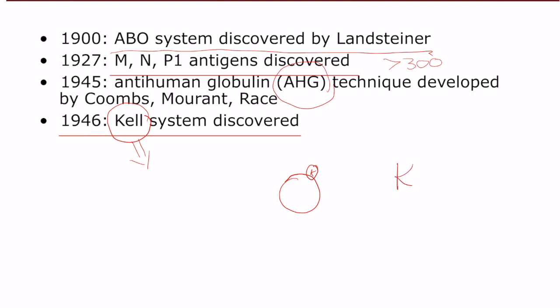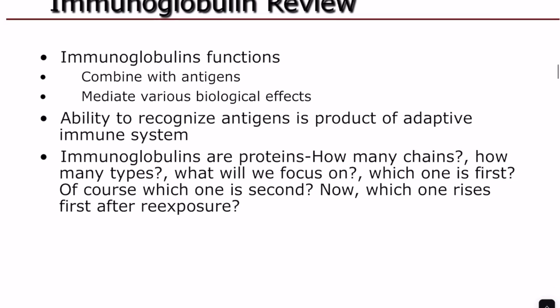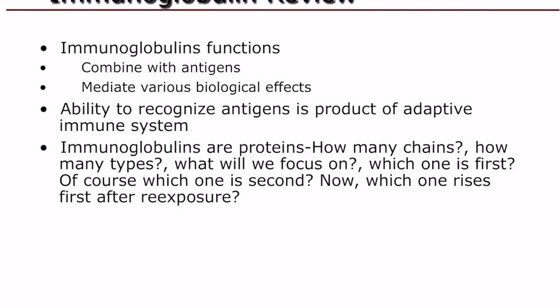The mnemonic that goes along with this is if someone has anti-KELL, KELL kills. It is imperative that we identify the antibody KELL if someone has it, because it can lead to patient demise.